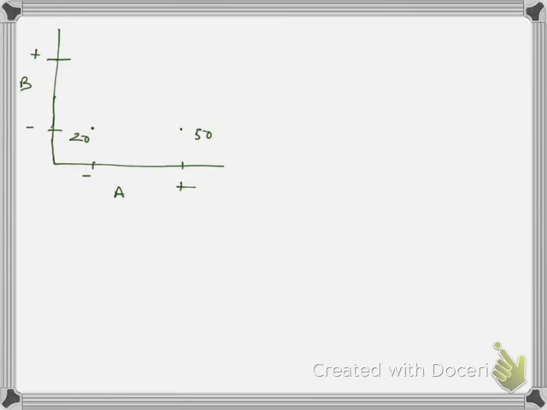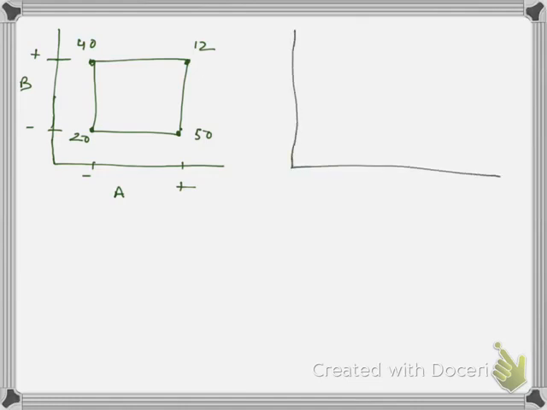And then this one is 40 and 12, let's say. So like in the previous example, we can calculate the average response increase when we increase factor A from low to high level, or for factor B also, like we did in the previous. So I'll leave that for you to do. I just want to show that in this one you can see that there is some interaction.